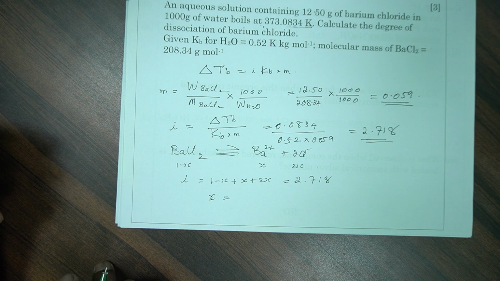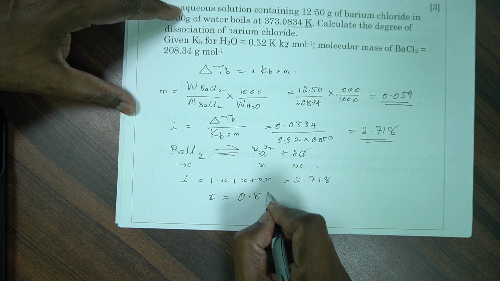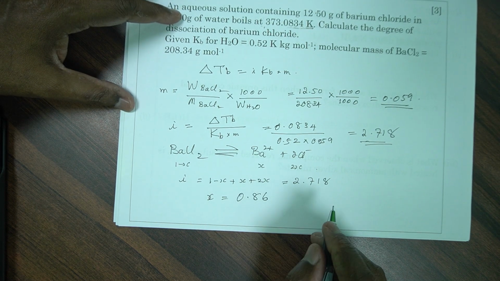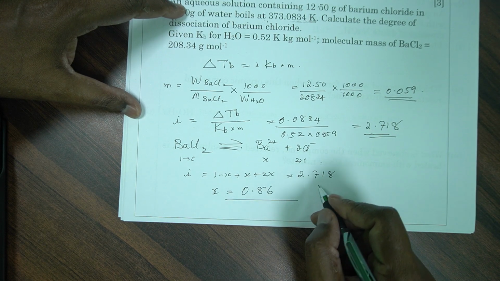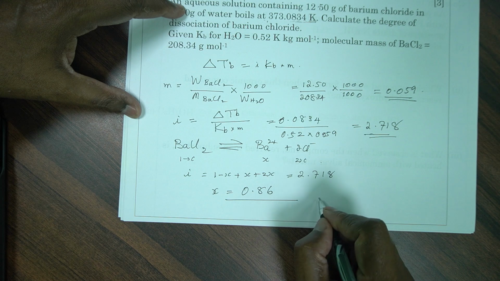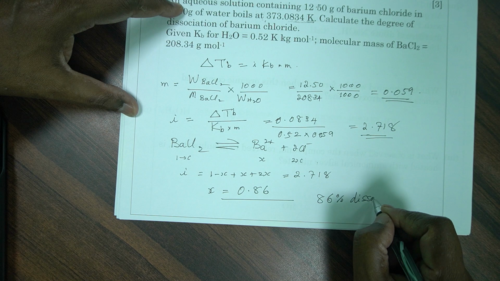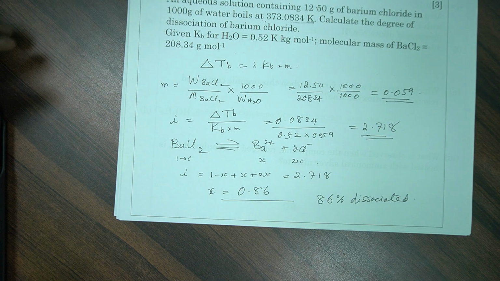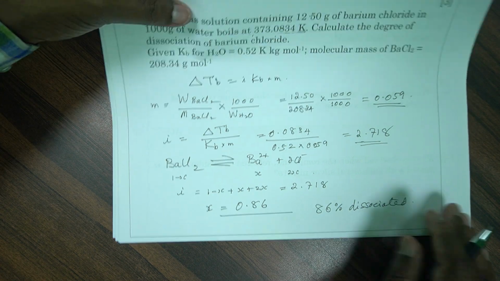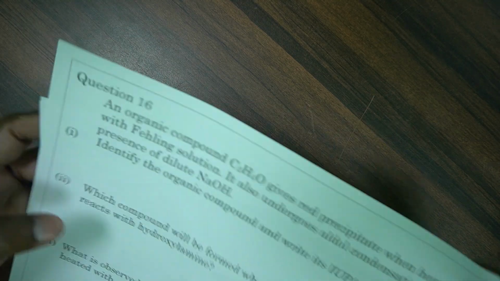So x is equal to 2.718 minus 1, divided by 2. The value of x comes to be 0.86. Okay, 0.86. So in other words, we can say 86% dissociated. Actually 85.9 is coming, so rounded off to 86. Right. You don't need to round off, you can just leave as it is.